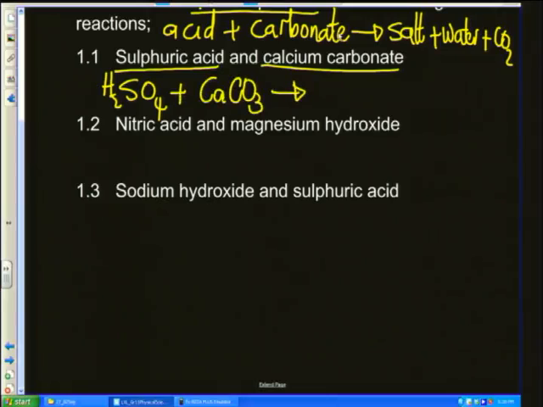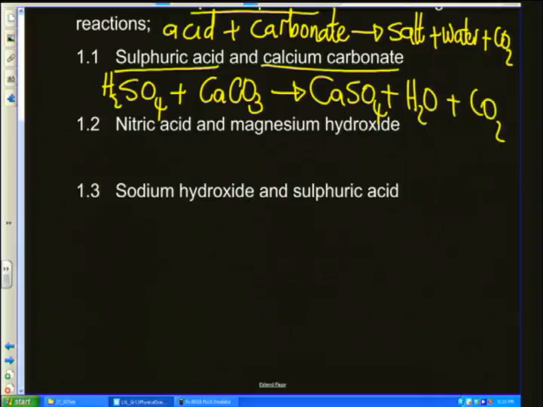This will give me calcium sulfate as the salt, CaSO4. I don't have a subscript for calcium because it's 2 plus and 2 minus: 2 plus from calcium, 2 minus from the sulfate ion, plus water, plus carbon dioxide.